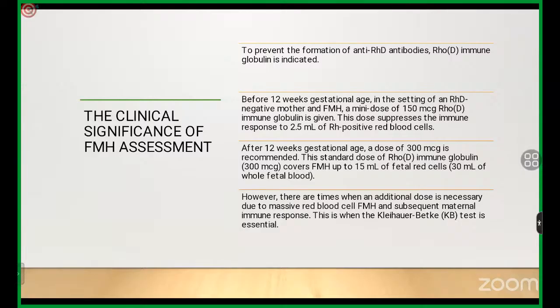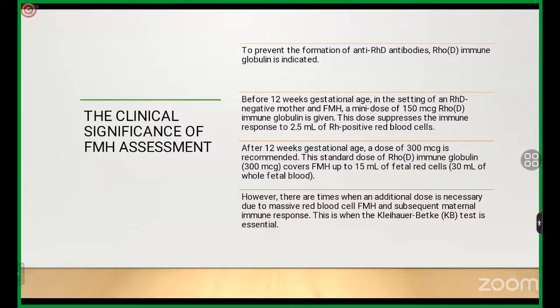To prevent the formation of anti-RhD antibodies, RHO D-immunoglobulin is indicated. That is anti-D. Before 12 weeks of gestational age, in the setting of a rhesus D-negative mother and FMH, a mini dose of 150 micrograms of anti-D immunoglobulin is given.